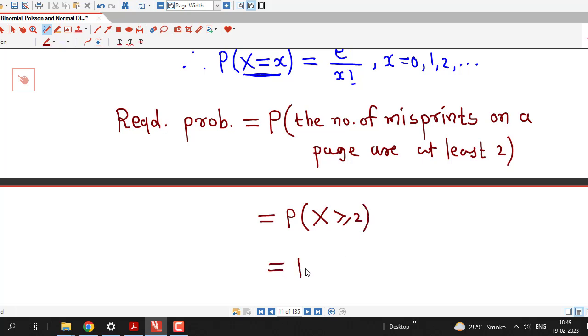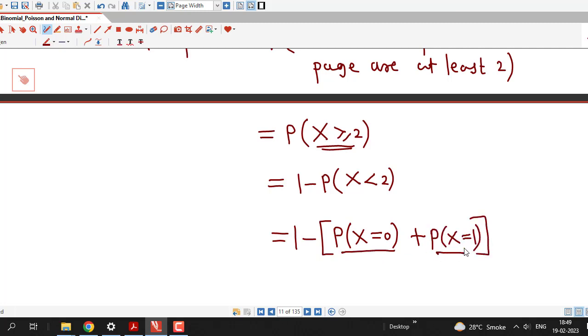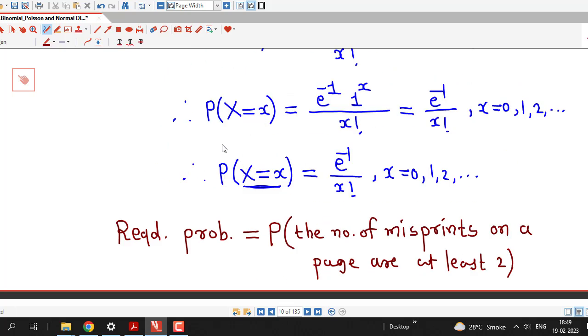This we can rewrite as 1 minus the probability of the complementary event, which is capital X less than 2. Capital X less than 2 means the possible values are capital X equal to 0 and capital X equal to 1, and these two we can find using the formula of the probability mass function.